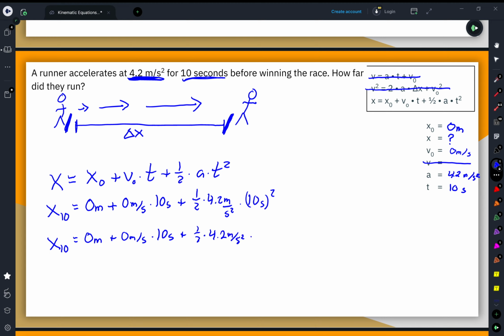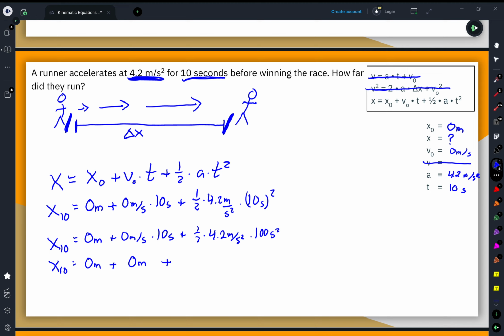So 10 seconds squared, 10 squared is 100, and then the units would be seconds squared. After this, then I can do my multiplication and division operations. So at that point, that first term, 0 meters, stays by itself, plus 0 meters per second times 10 seconds would equal 0 meters. Those seconds would cancel out.